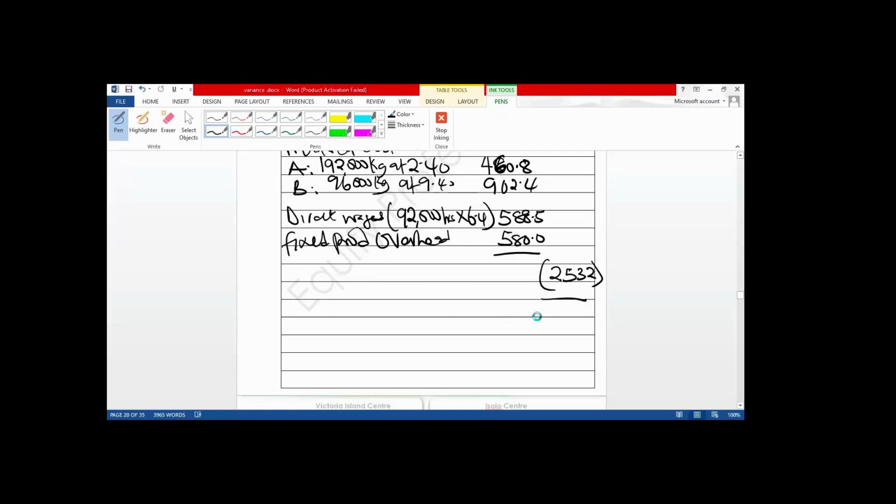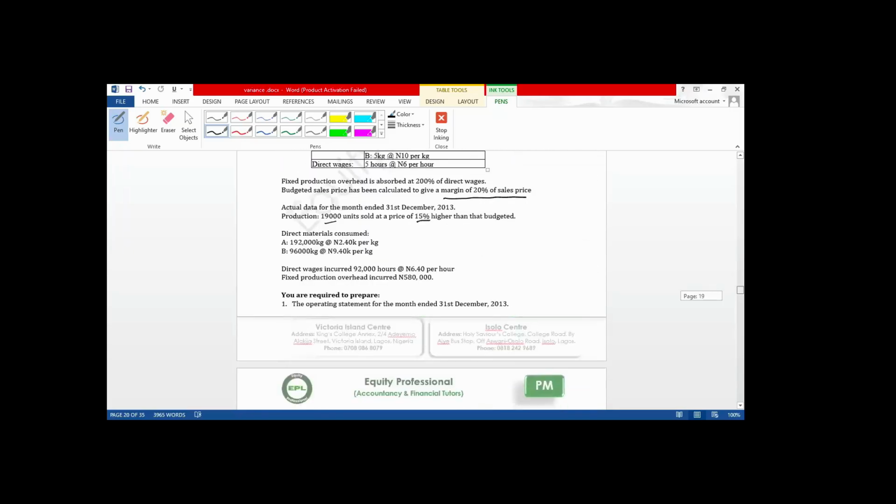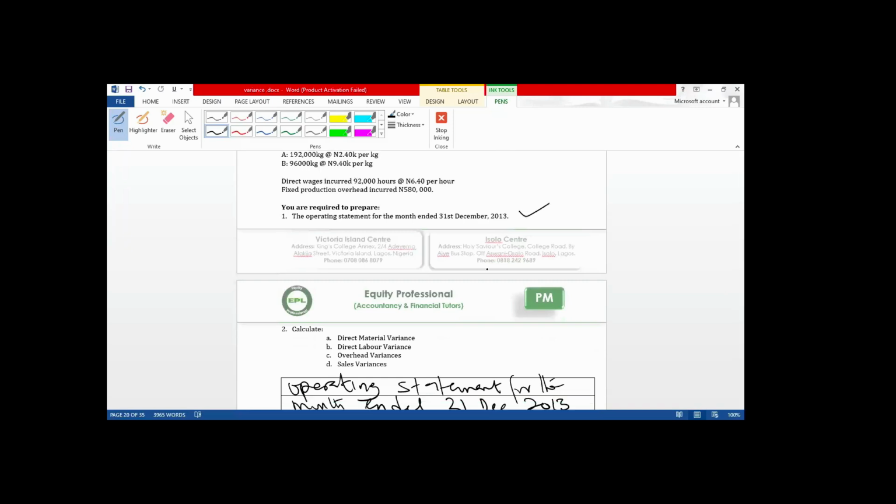This is the actual profit at the end of that month. You are done with requirement A. Examiner says calculate all these variances. It's not different from the question. In fact, it's even much simpler.